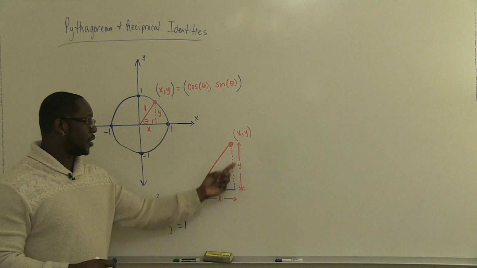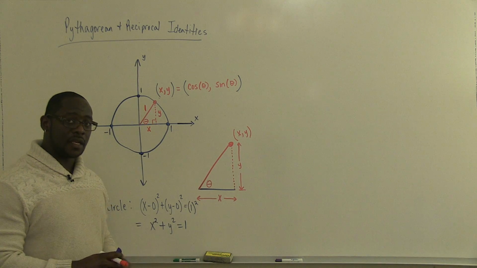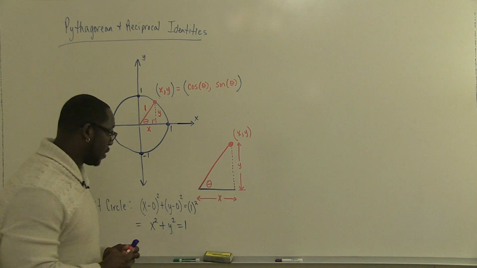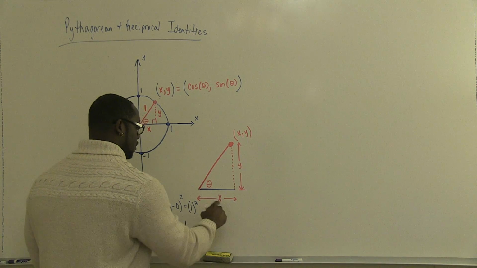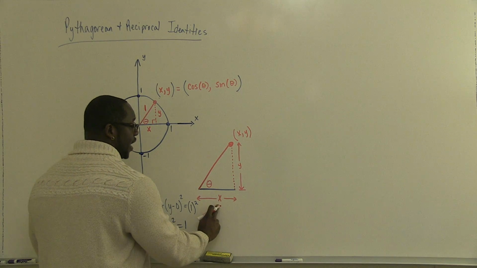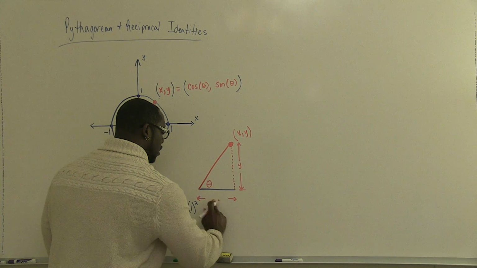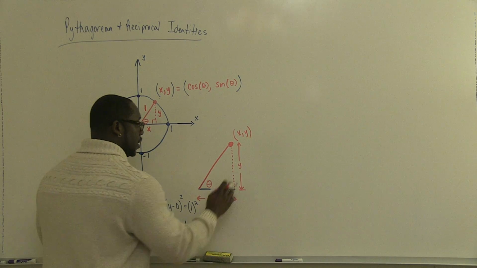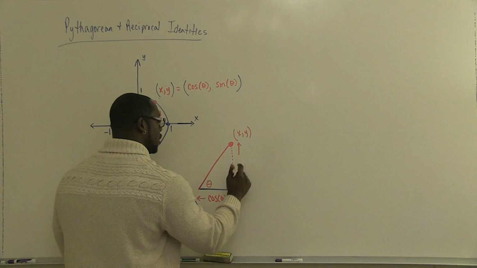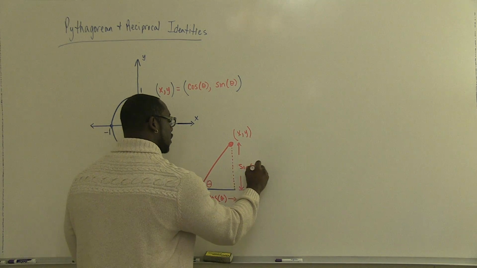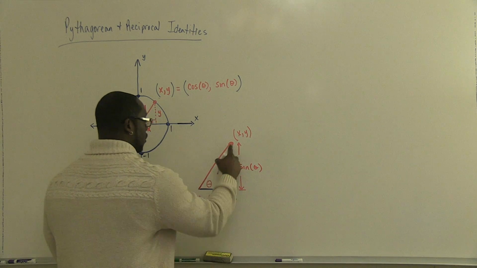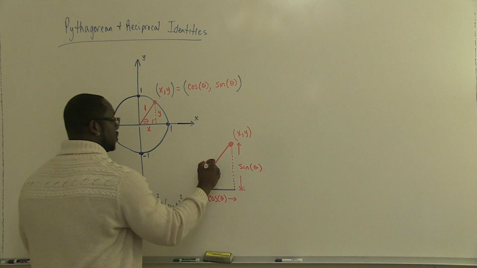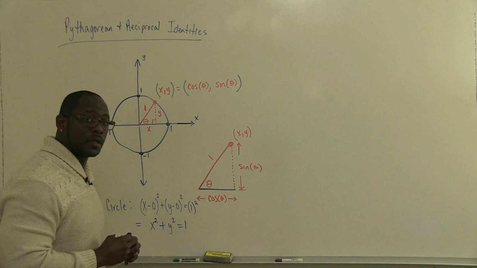So if we take that particular right triangle out, then instead of calling this x, we could call this cosine of theta. And instead of calling this y, we could call this sine of theta. And of course, we know that this length here matches this one, which is just 1.